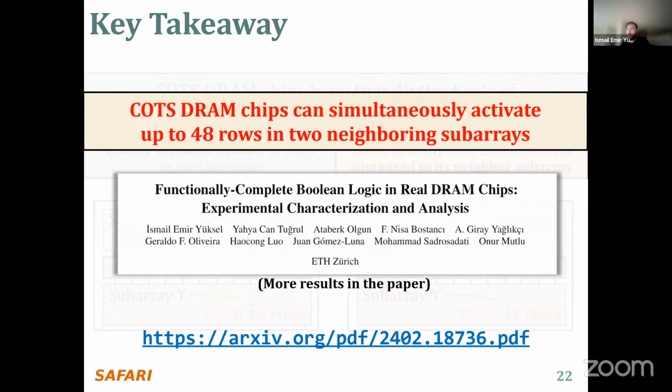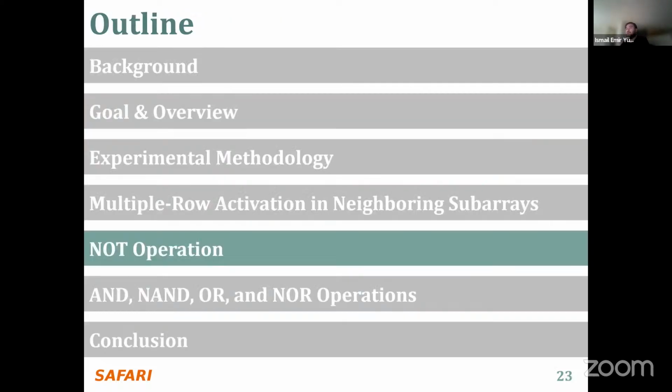You can find more results and more hypotheses in the paper on how and why we can activate these rows. And in the next paper, we dive into the circuitry that enables us to activate multiple rows. So now let's move on to our first bitwise Boolean operation, the NOT operation.